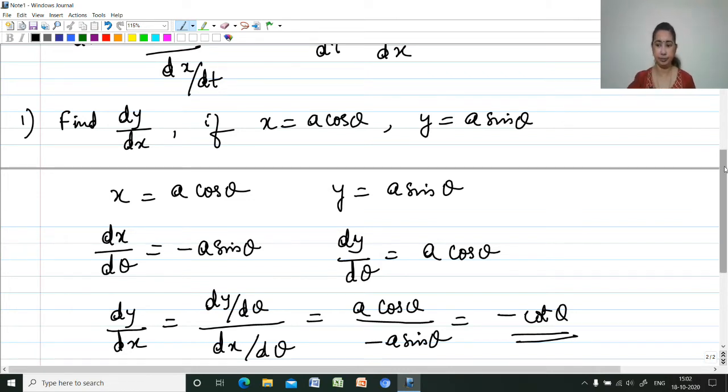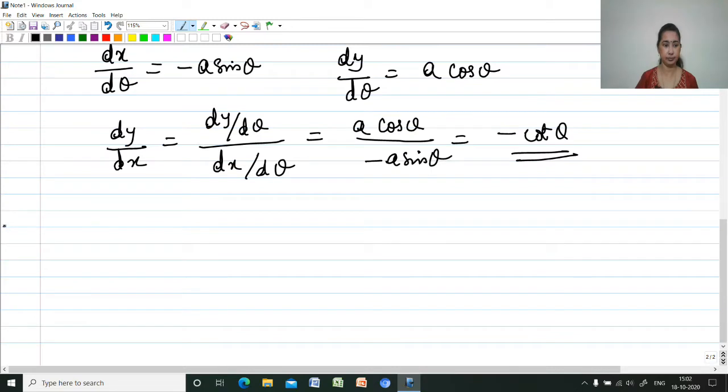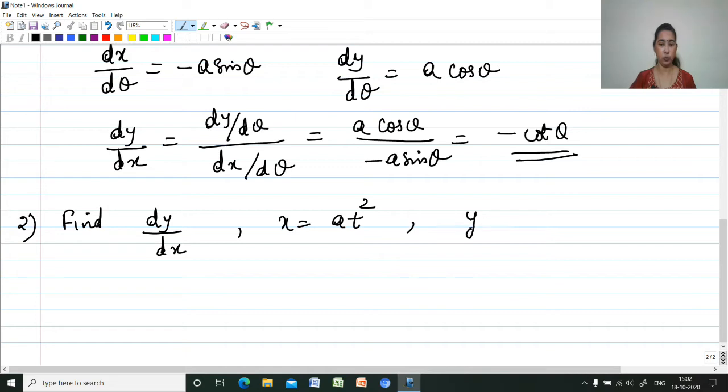Next one, find dy by dx if x equals a t square and y equals 2at. As earlier, it is given in terms of the parameter t for x and y, so we have to differentiate with respect to t.